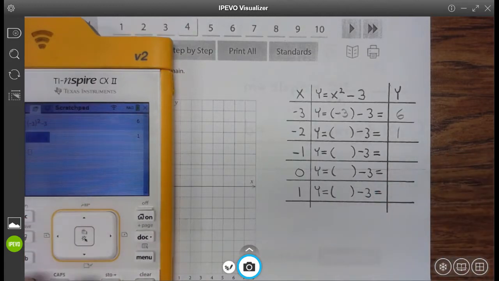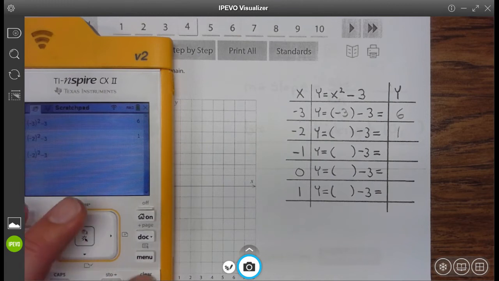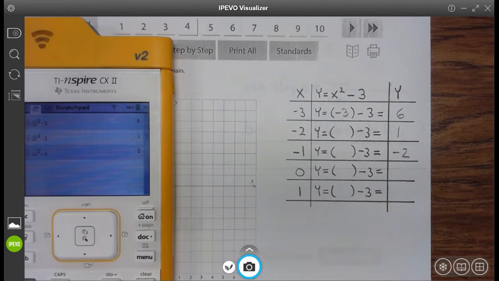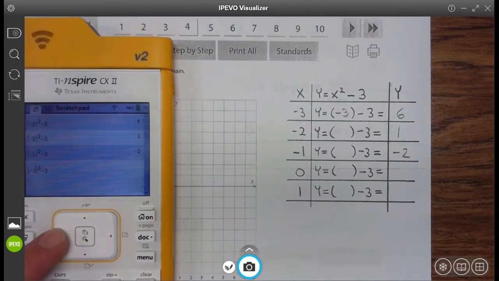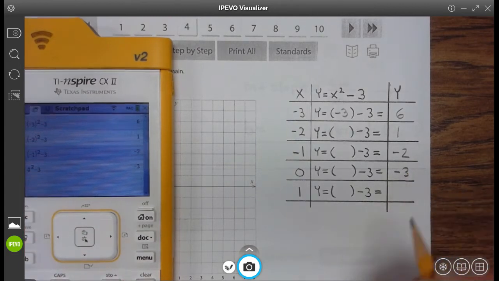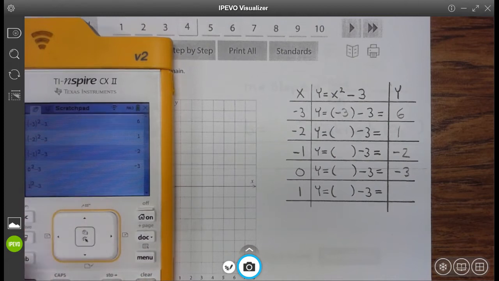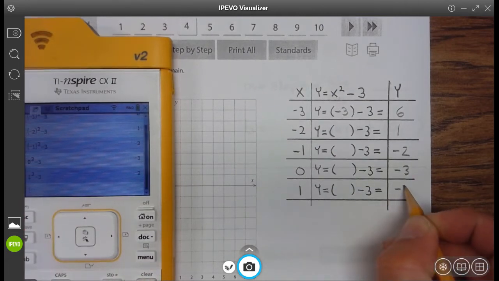Then highlight enter, change the -2 to a -1. Then highlight enter, change the -1 to a 0. And then highlight enter one last time, change the 0 to a 1.